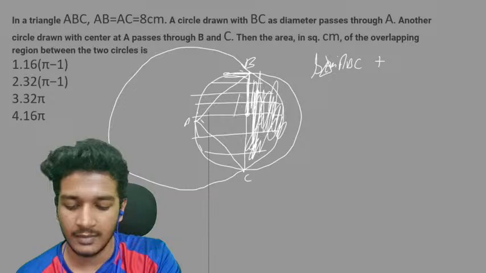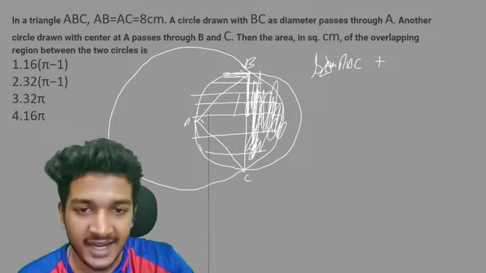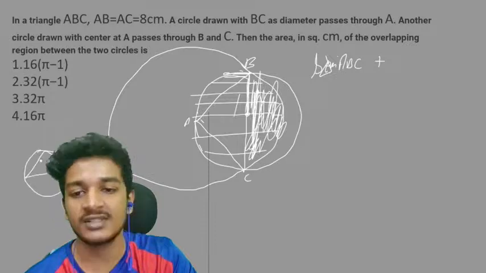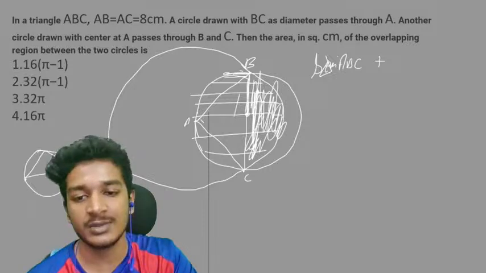Yes, perfect, Chinju. Can I see that this ABC is a right angle triangle? Why is this a right angle triangle? Because there's a property in circles that if I take the diameter of the circle and subtend an angle on the circumference, this angle will always be 90 degrees.